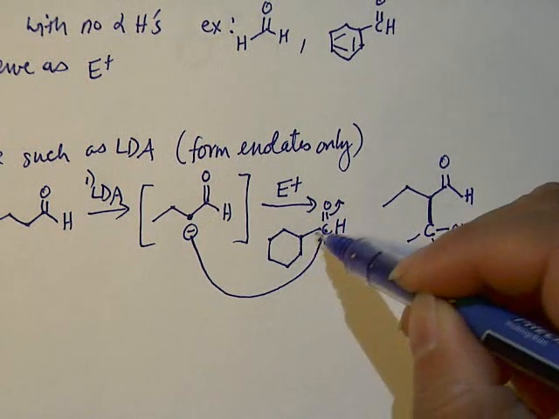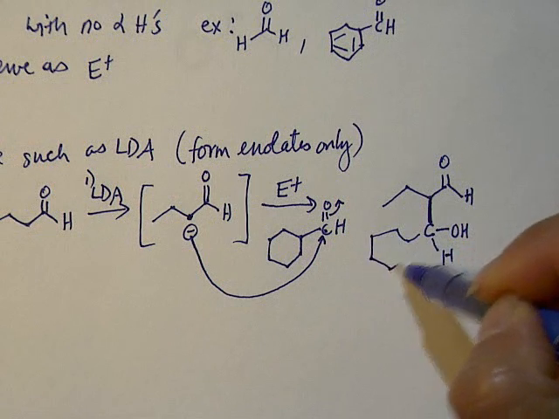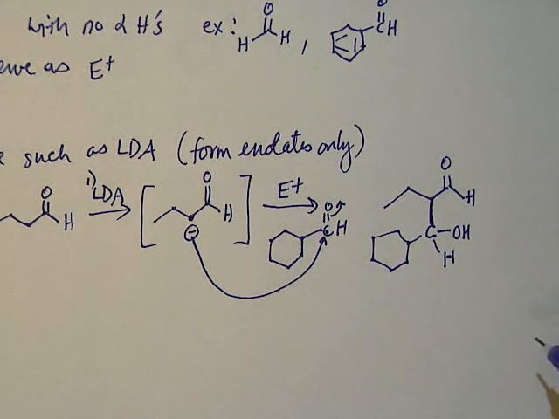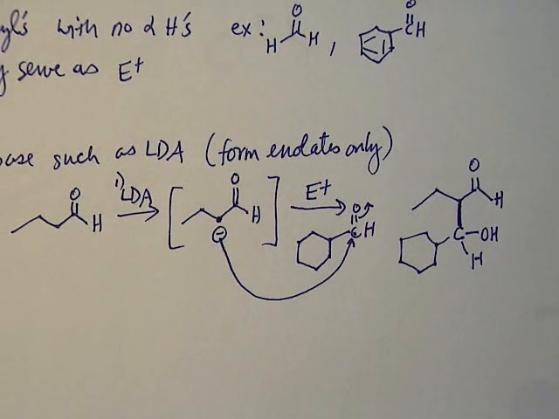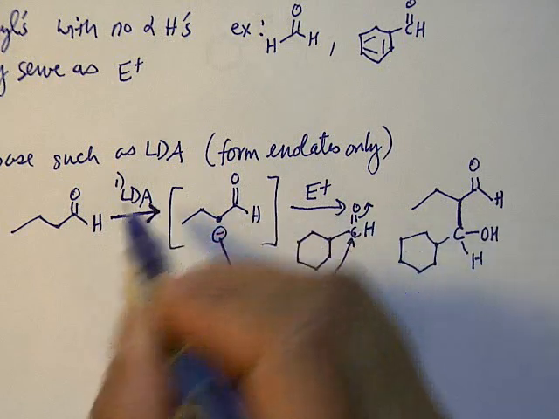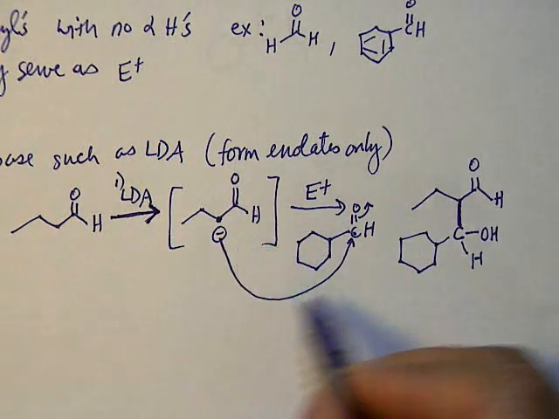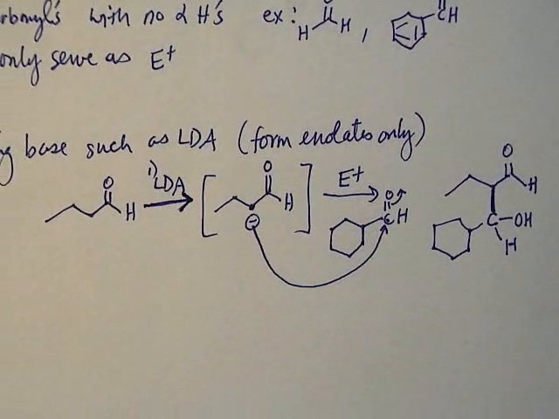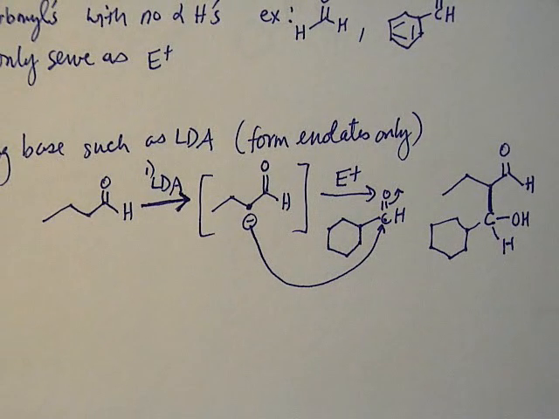And then that is connected to the cyclohexane group. So that would be the Aldol product. So by using a different condition, not using a weak base where equilibrium condition is allowed, if you have an irreversible condition in which it becomes all enolate and then reacts with another carbonyl, then you could take advantage of the cross aldol and make that happen.